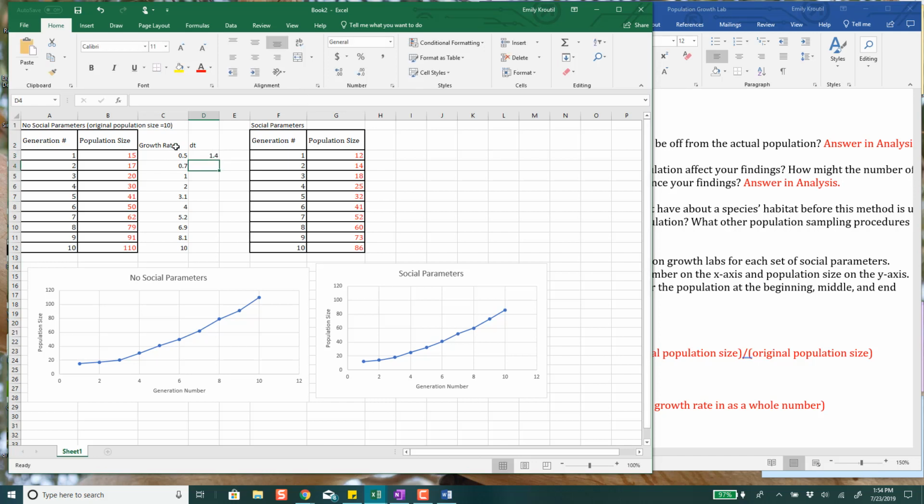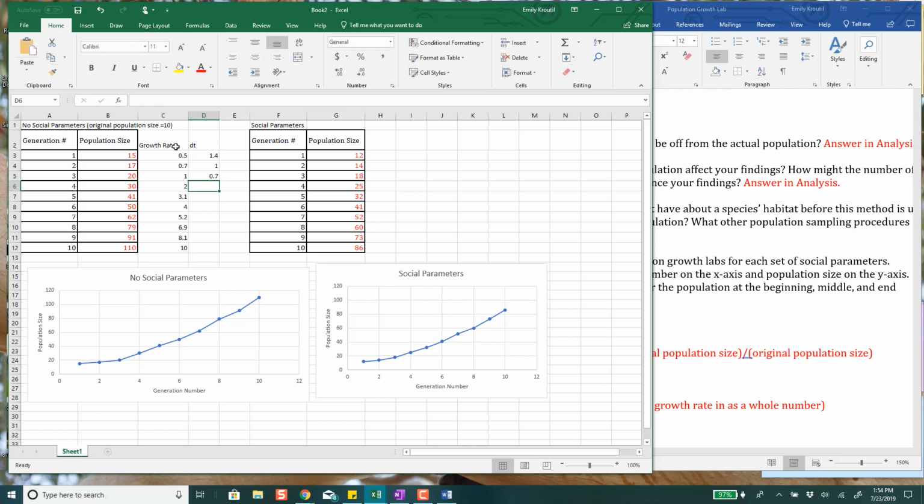Usually if you have years, it'll be years, but for us, it's going to be generations because we don't have years. And so then this one would be 70 divided by 70, so that would be in one generation, it'll double. And then we'll have 70 divided by 100.